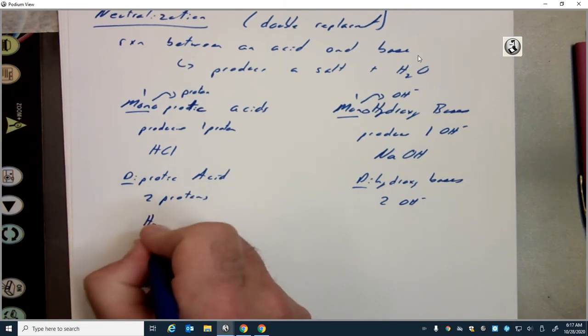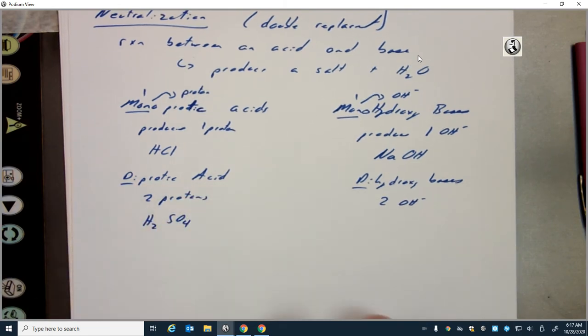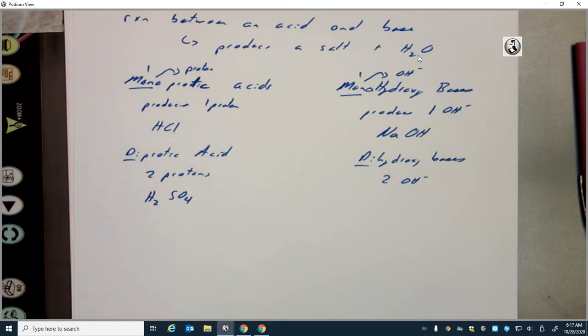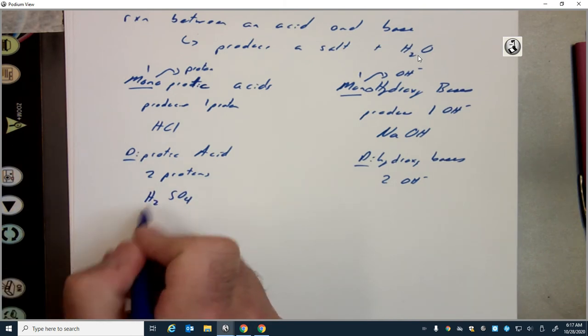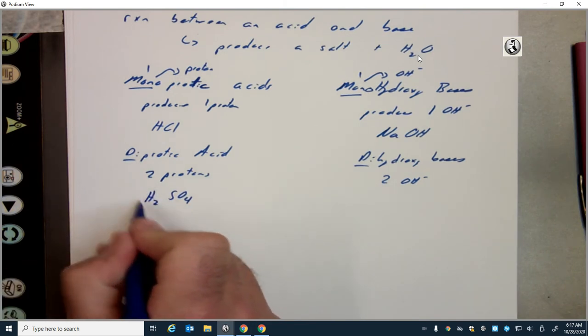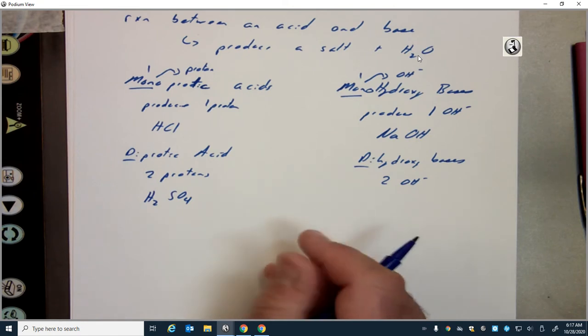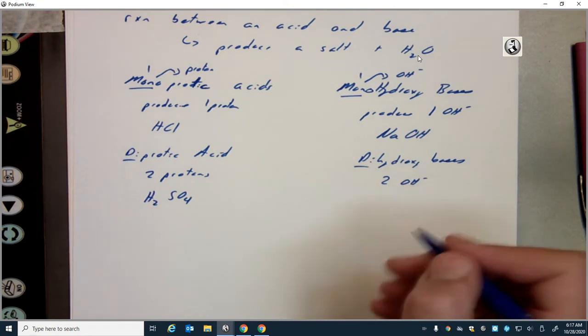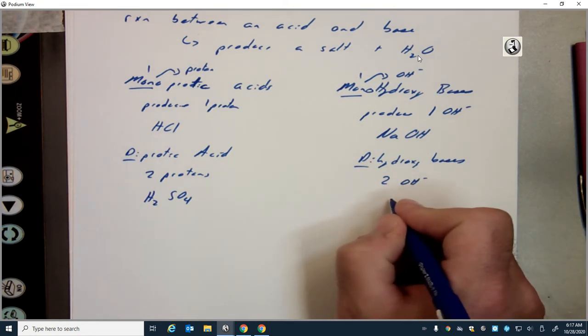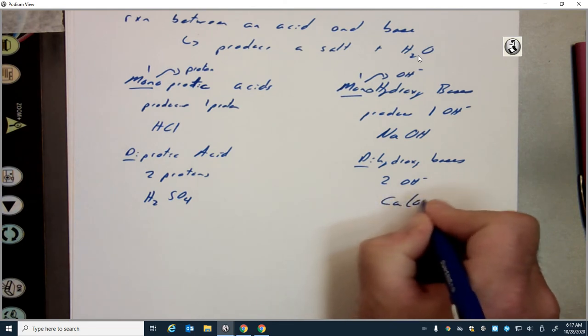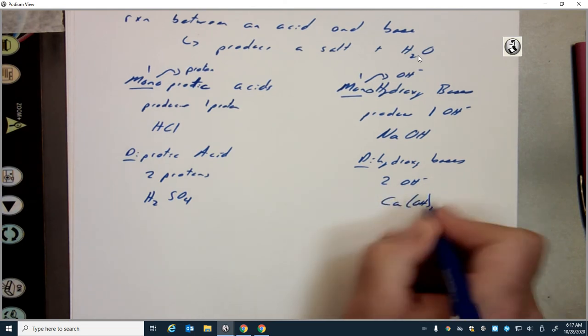Example, H2SO4. So our sulfuric acid is an example. So why does it produce two? Well, it's got two hydrogens that it can donate. Example of a dihydroxy base, calcium hydroxide. Okay.